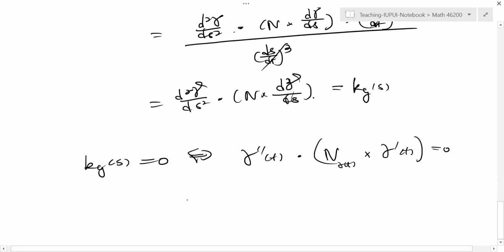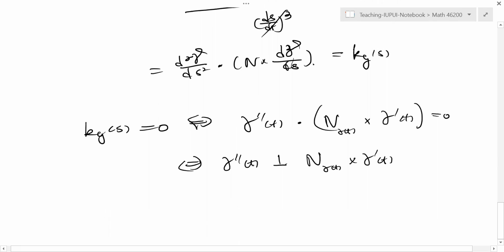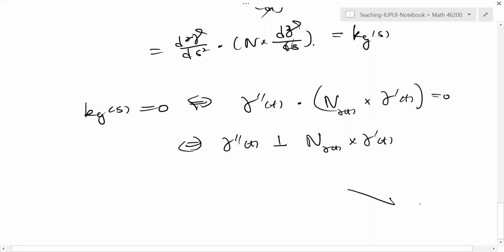So if and only if gamma double prime is perpendicular to n. Let's go back to the picture again. This is gamma prime t, and this is the normal, and this will be the normal.